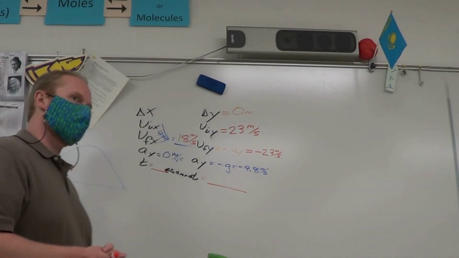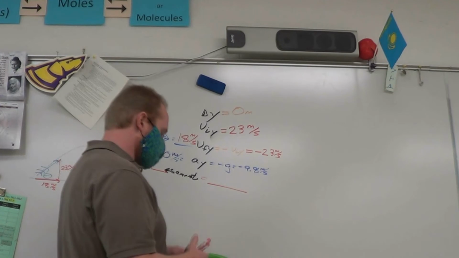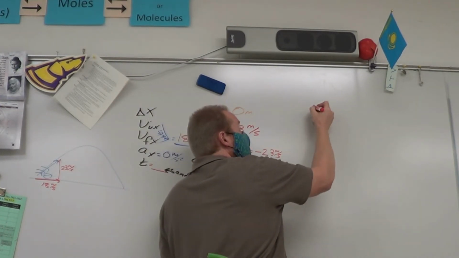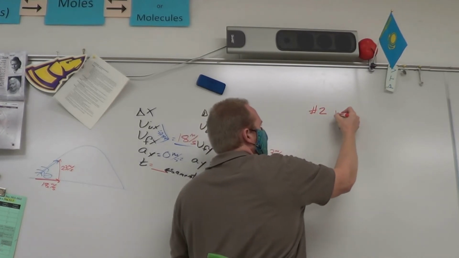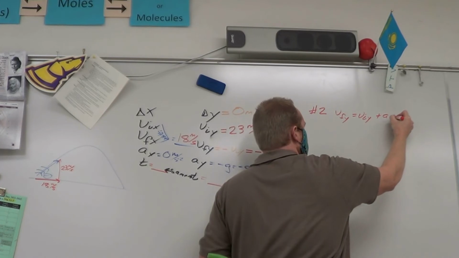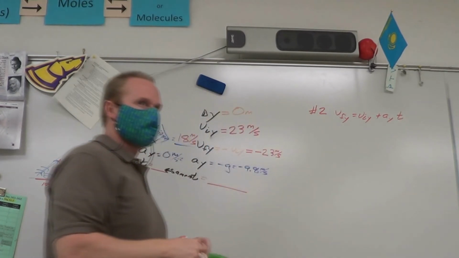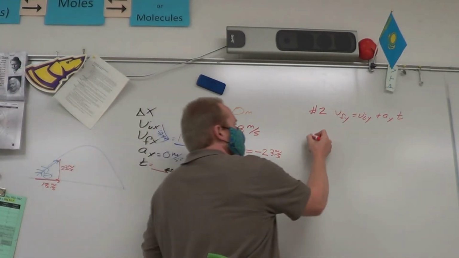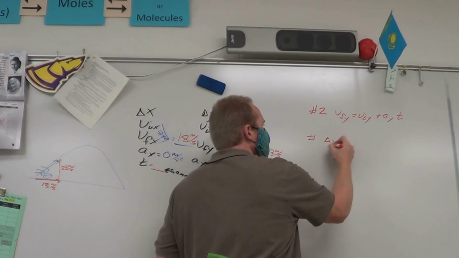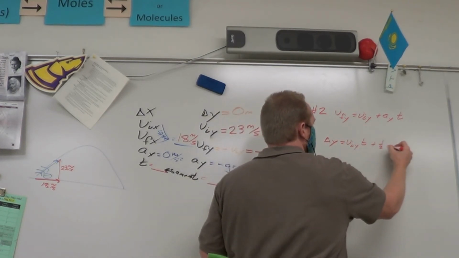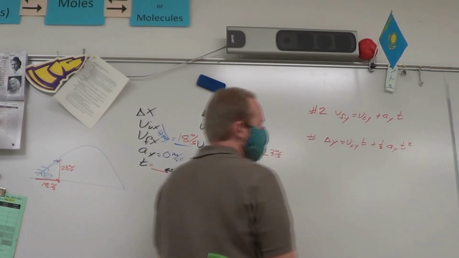We have a lot of options, actually. We could choose, we just got to make sure it has time, that's the important thing. So we could use equation 2, because VFY is equal to VIY plus AY times T. I'm going to erase some of these in a second. I'm just going to show you that we have some options. So we could use equation number 2. Equation number 3 says delta y is equal to VIY times T plus 1/2 AY T squared.